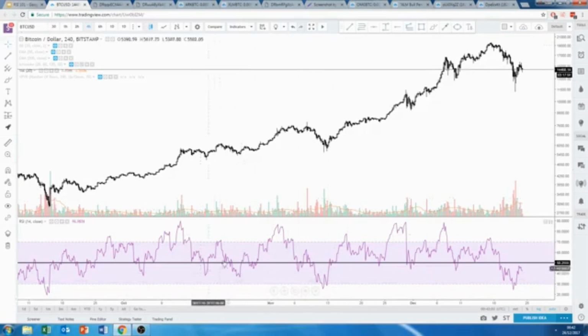So if the RSI action is below the 50 line, it is resistance. And if the RSI action is above the 50 line, then it is acting as support.